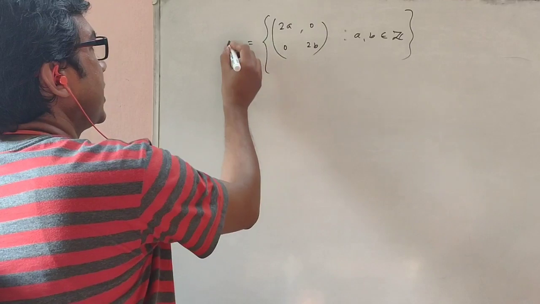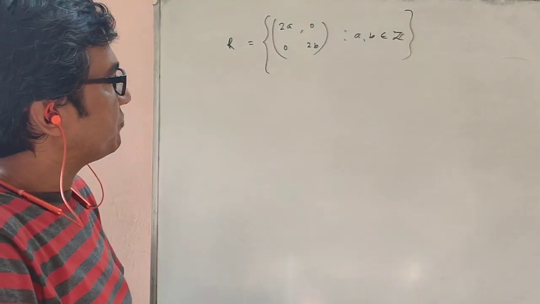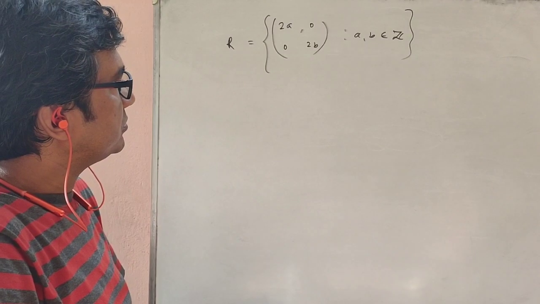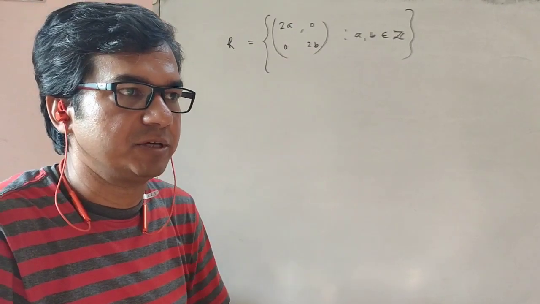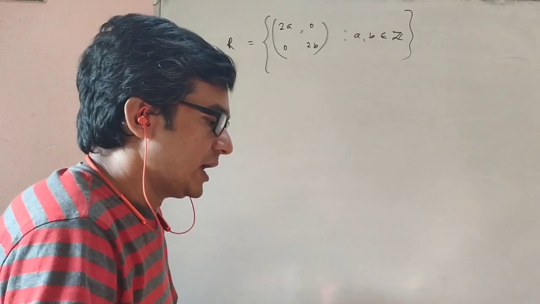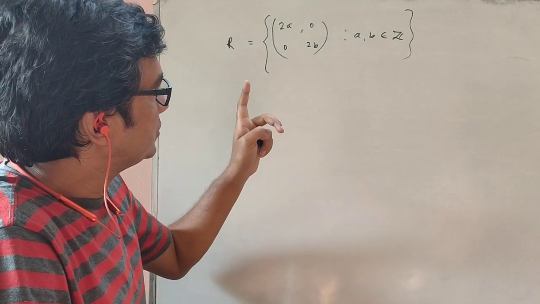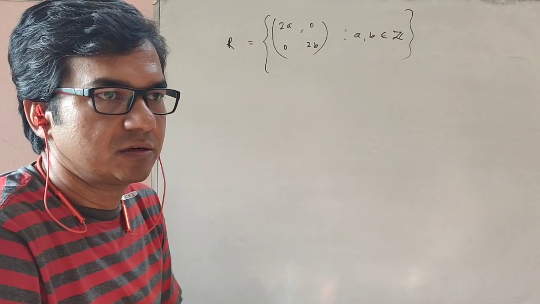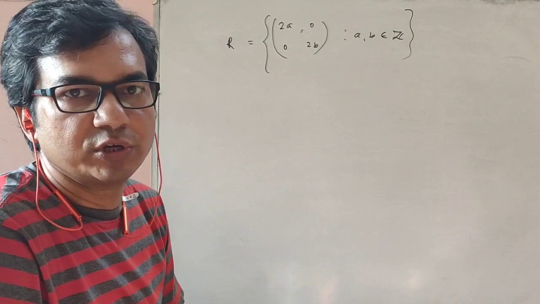This is obviously a ring with respect to matrix addition and multiplication, and this ring is with zero divisor and this ring is without unity.